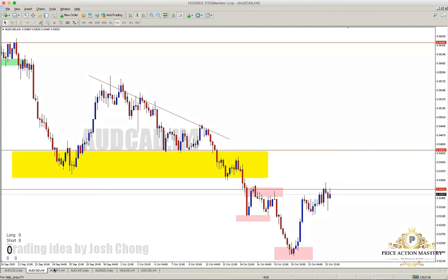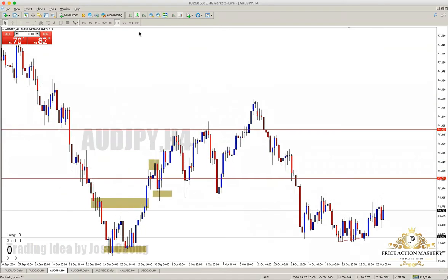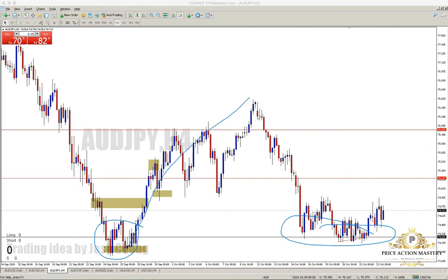Next will be AUD yen. For AUD yen, I need to look at a bigger timeframe, because the market has currently dropped to a very bottom, as you can see. Previously, when the market dropped to this bottom, it was able to appreciate until here. So there's potential that when it reaches here, it's able to advance until here also, but we need the setup to be formed first.